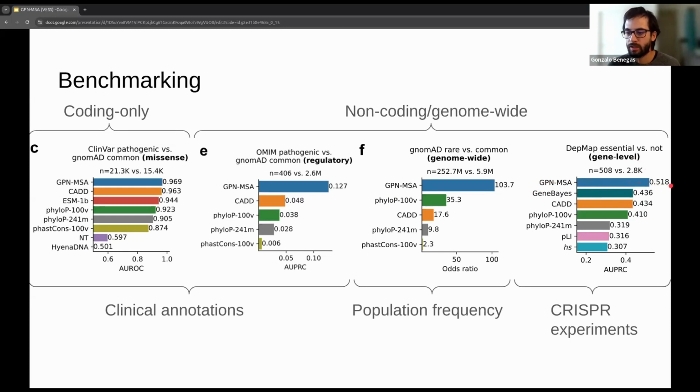To get a gene-level score, we take a certain quantile of scores along the gene. Again, this is the model. We never thought that it could be used for this, but it seems to be pretty good at capturing functional constraints.